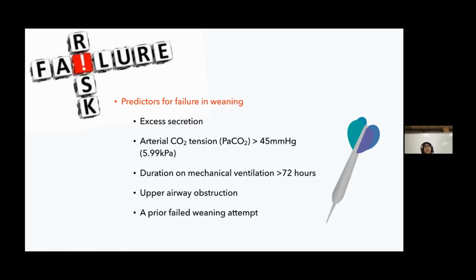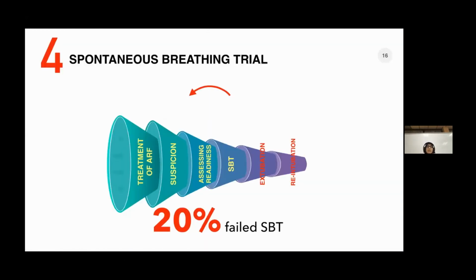So if you have these types of patient, discuss again, maybe it can be delayed until the patient is admitted to the ICU. All right. So this is the process again, all 6 stages of weaning, as I mentioned just now, from the ED visit until the time of ICU admission.